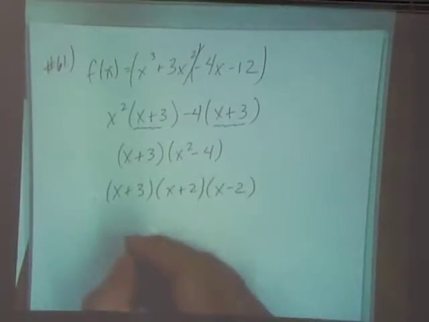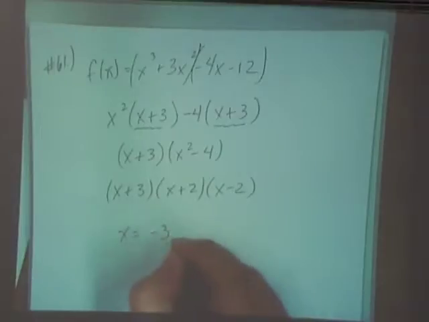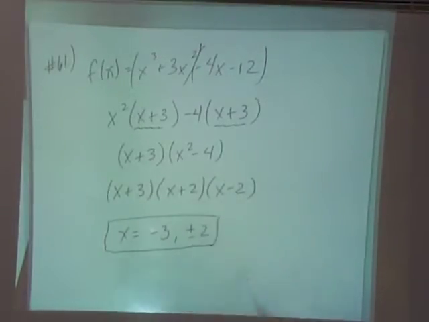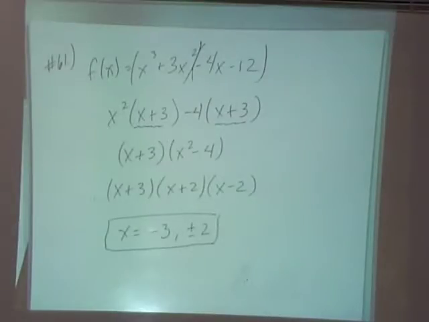So my zeros are x equals negative 3 plus or minus 2. Questions on 61? All right, 62.